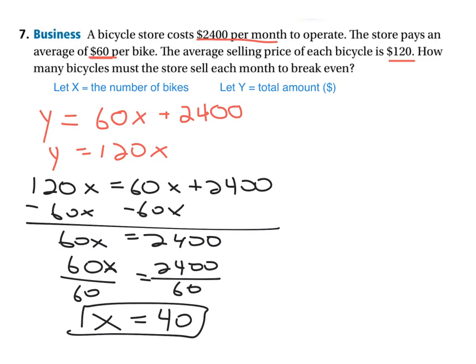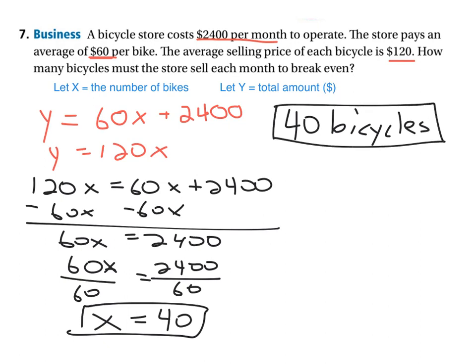And x is the number of bikes. So how many bicycles must the store sell each month to break even? 40 bicycles. And of course, they didn't ask me for the amount of money. I could plug it in and find out what that is. In fact, if you did that, let's do it over here.